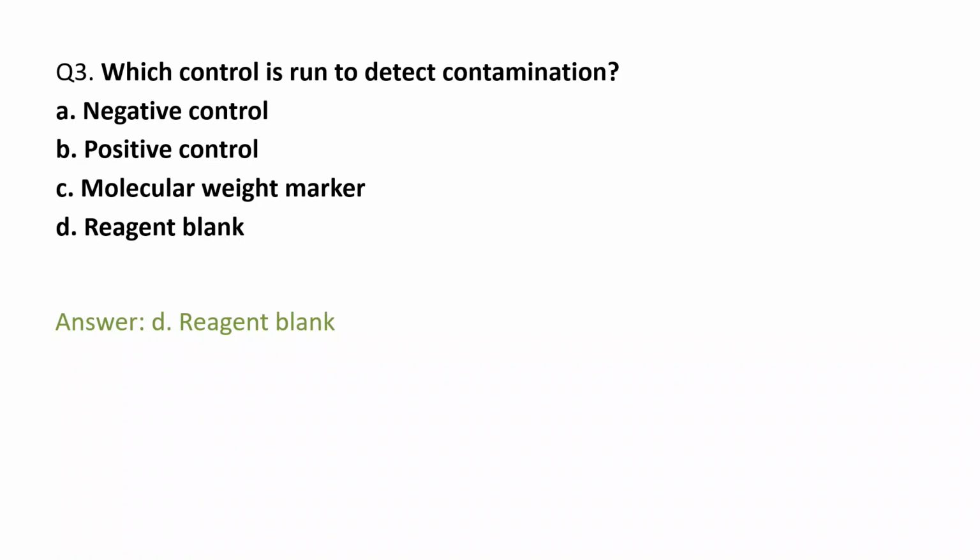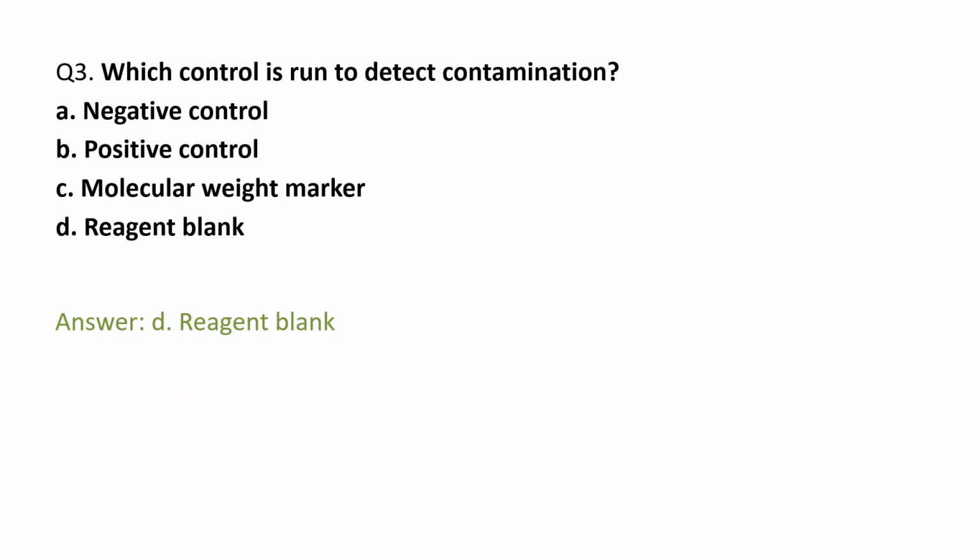A reagent blank is a mixture that contains all the solvents and reagents involved in the analytical procedure, but does not contain any analyte or sample material. So it represents only the background from the reagents and the analytical system alone.